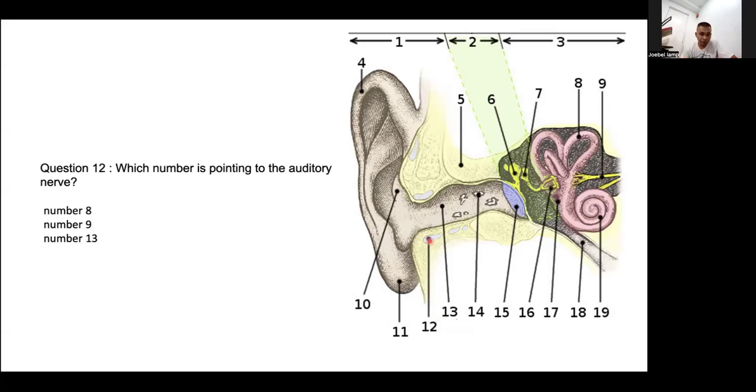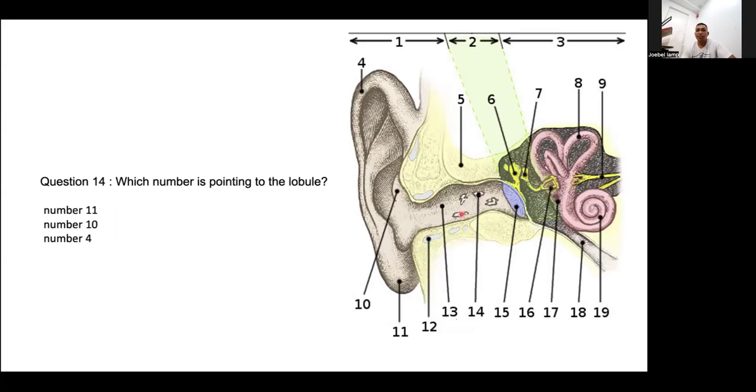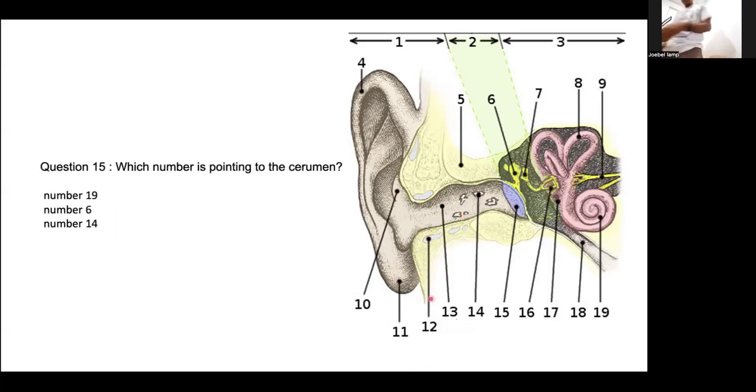Okay. Auditory nerve. 9. Number 14. This one. Cerumen. Yeah. What is cerumen in Bisaya? Actually, okay. Lobule. 11. Cerumen.